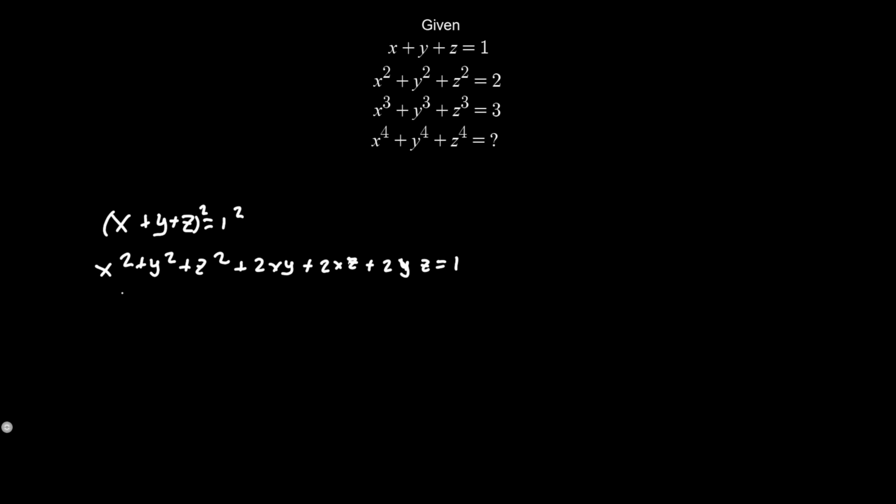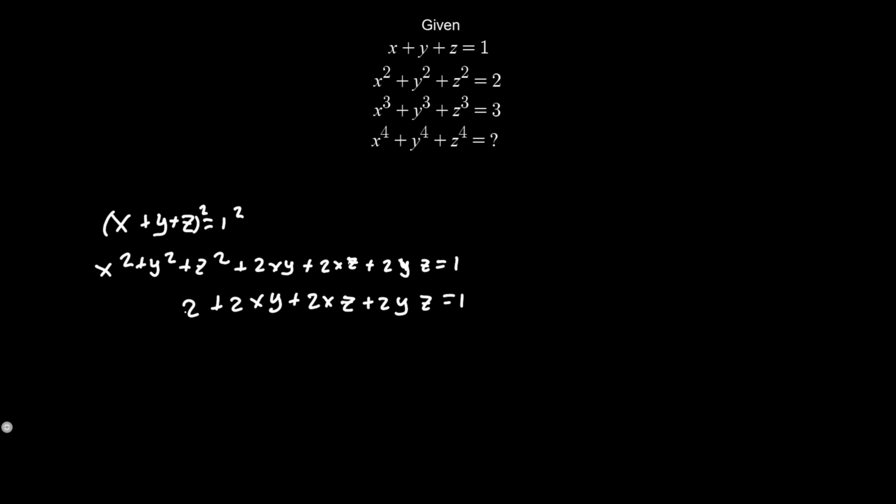And we know that x^2 + y^2 + z^2 is equal to 2, so we could simply have 2 + 2xy + 2xz + 2yz, and that is all equal to 1.